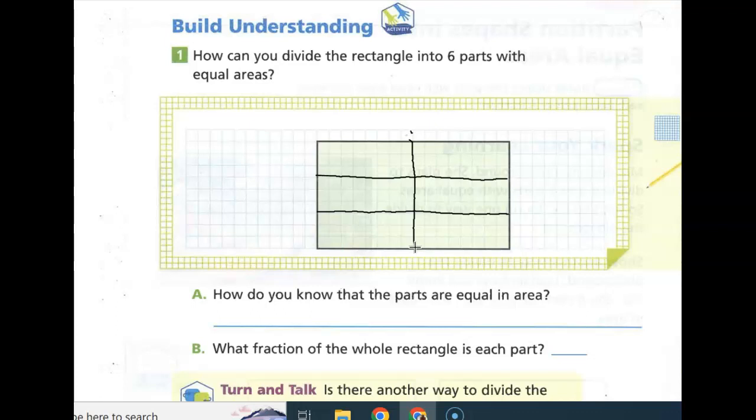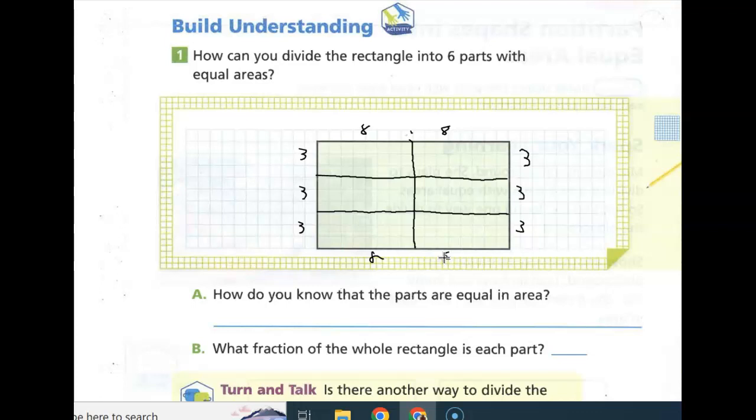So they are 3 by 8. They're all 3 this way. They are all 8 this way, even in here. So they are all 24 square units. So there are some questions to be answered with this. Says, how do you know these parts are equal in area?